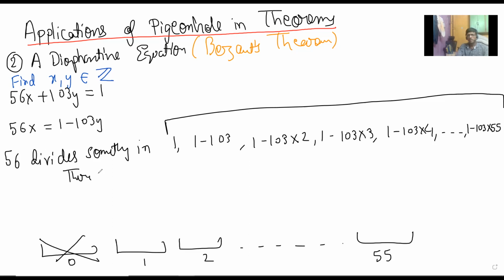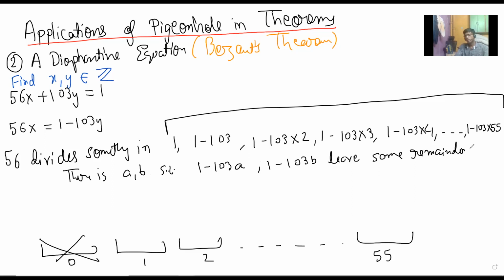there is, writing it formally, what you guys have already said, there is A and B such that 1 minus 103 times A and 1 minus 103 times B leave same remainder when divided by 56.